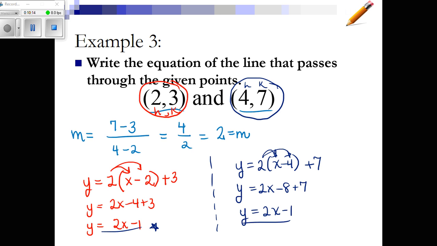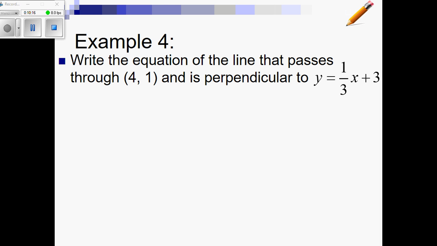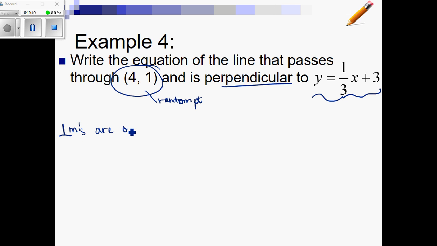Okay, let's try example number 4. Example number 4 says write the equation of a line that passes through a point. Oh, there's our random point. And is perpendicular to this equation. Well, first of all, we've got to figure out what perpendicular means. Perpendicular slopes are opposite and reciprocal.